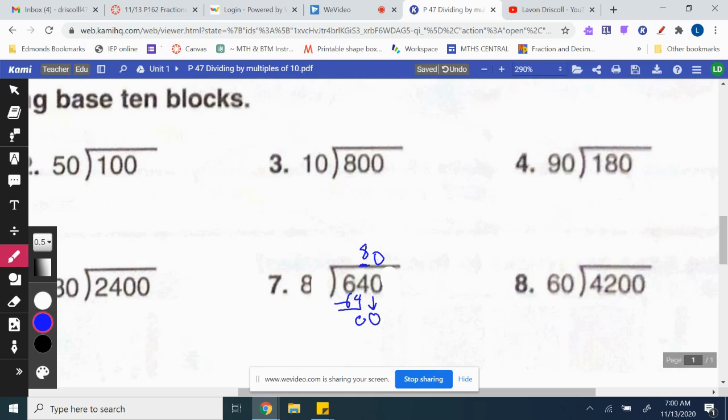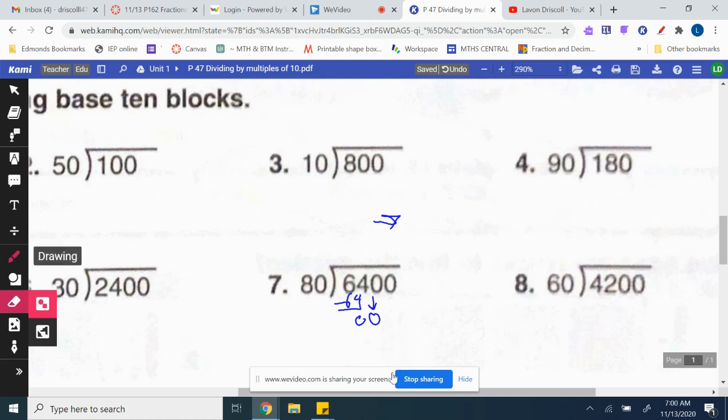When I said 8 goes here, I really forgot to say that I was looking at 80. So we're going to take this whole number and move it over one space, because if you remember, we're not looking at 8, we're looking at 80. So let's move all of this over and say 80.